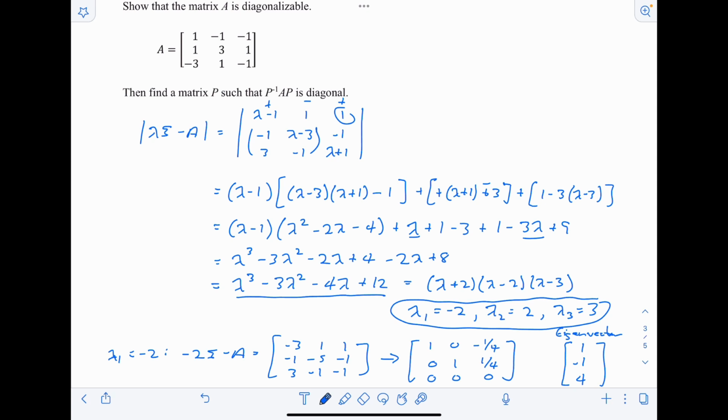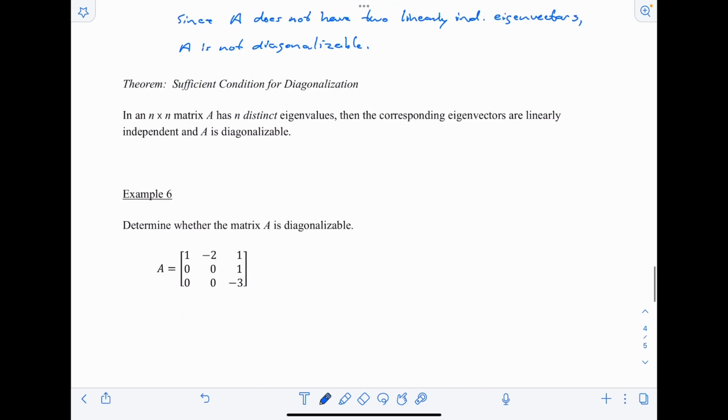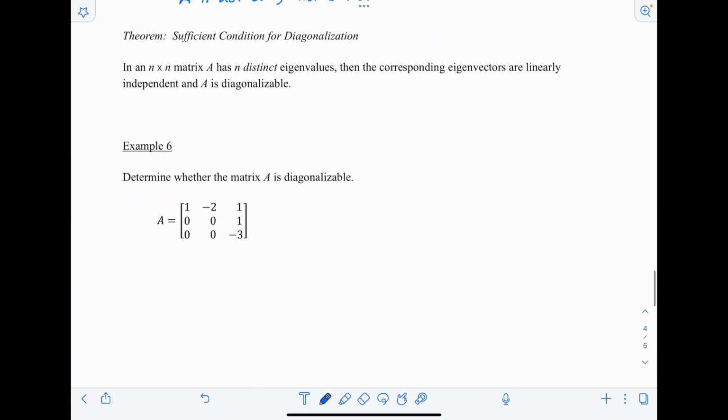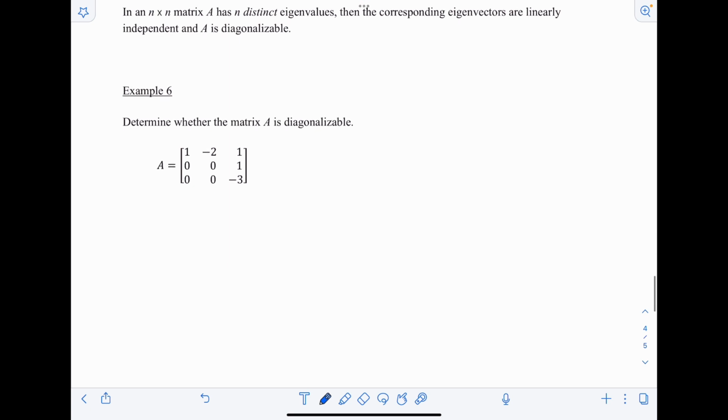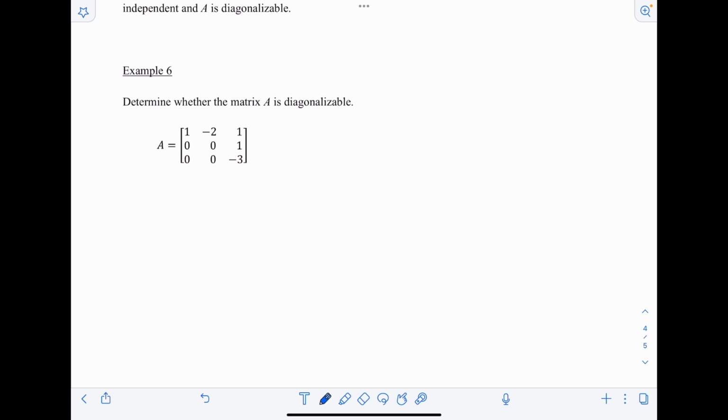We have 3 distinct or unique eigenvalues. By that theorem, it immediately tells us that because we had 3 distinct eigenvalues, the eigenvectors are independent and A is diagonalizable.